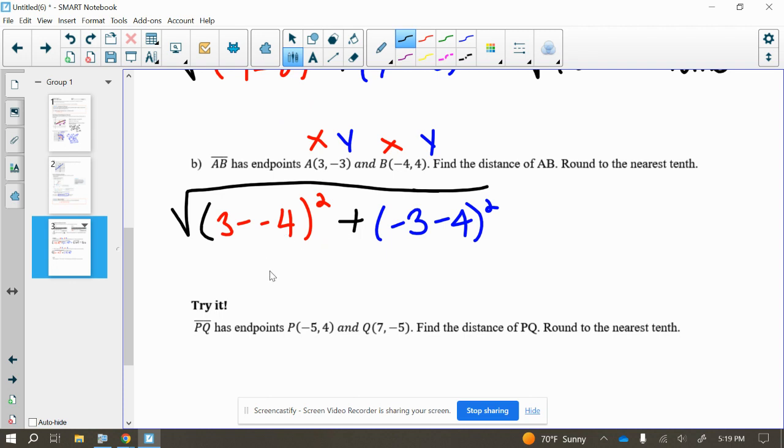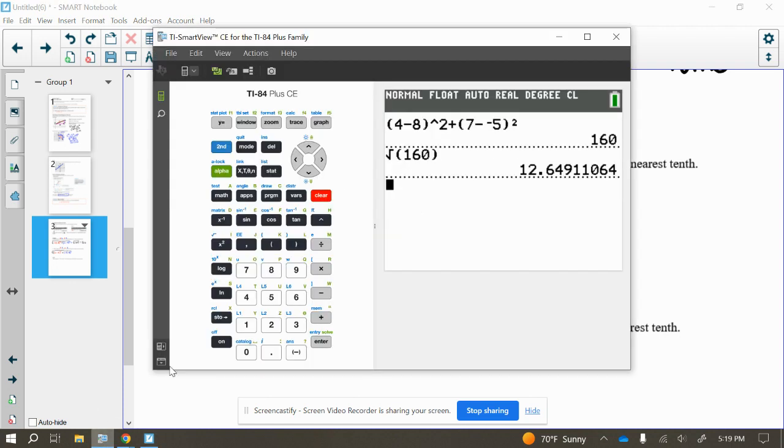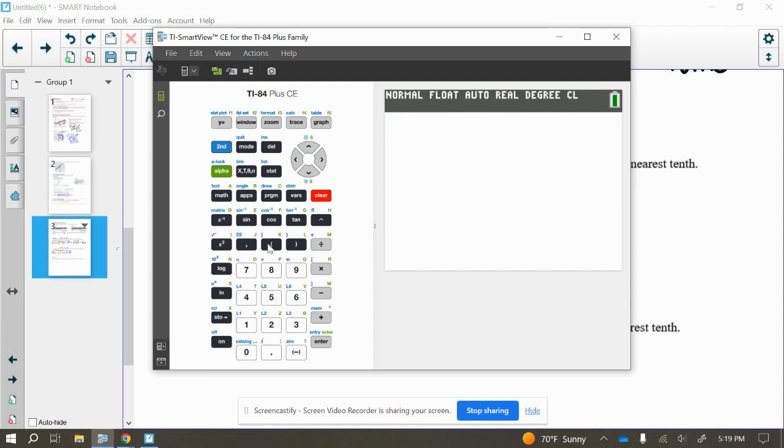And I like to do this as two separate steps. I like to take my values underneath the square root before I square root. So 3 minus negative 4, quantity squared, plus negative 3 minus 4, quantity squared.